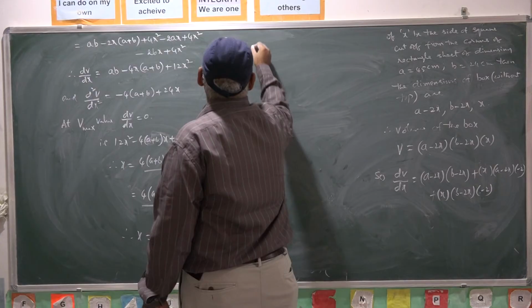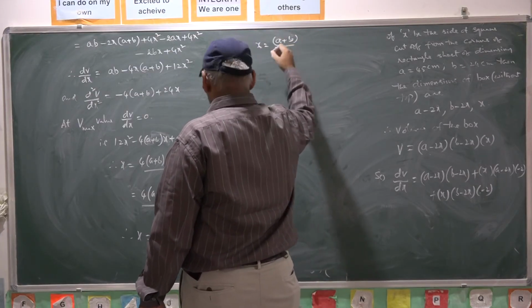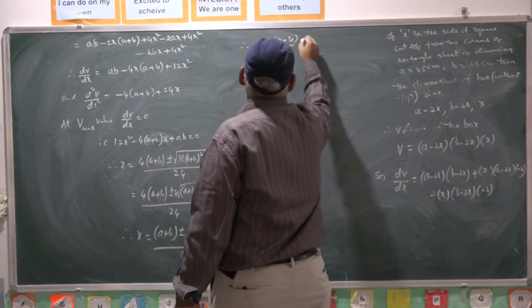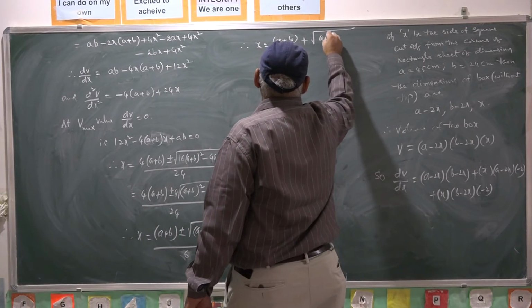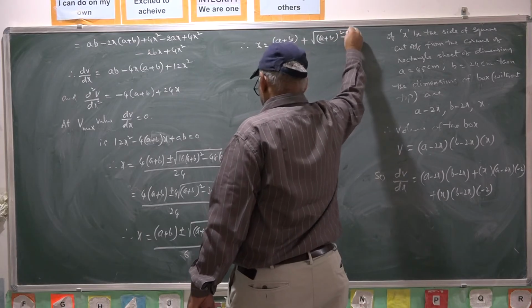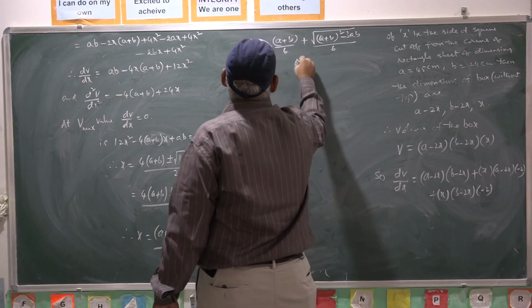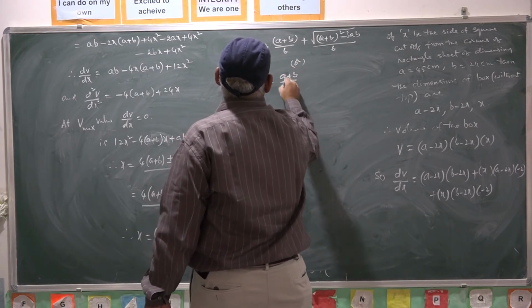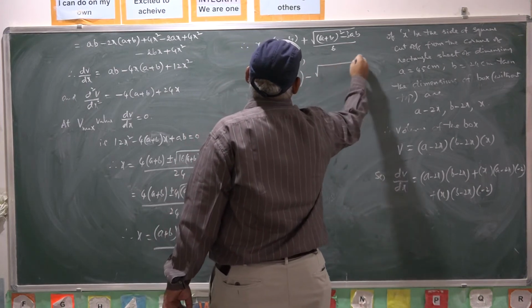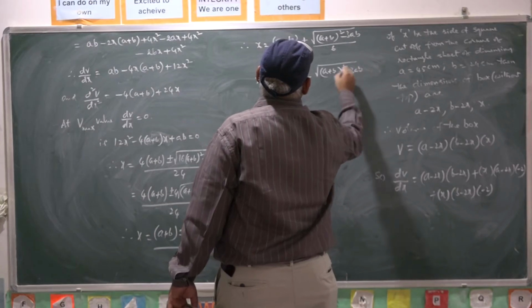Therefore, x takes the value (a plus b) by 6 plus square root of (a plus b) whole square minus 3ab by 6, or x takes the value (a plus b) by 6 minus square root of (a plus b) whole square minus 3ab by 6.